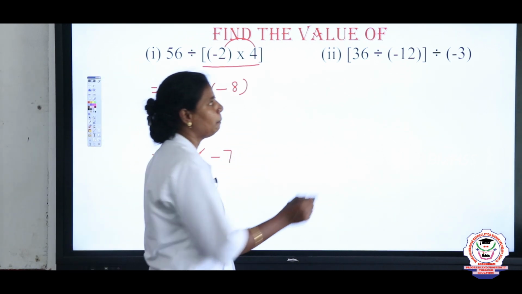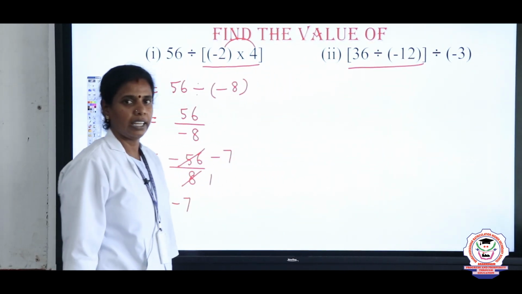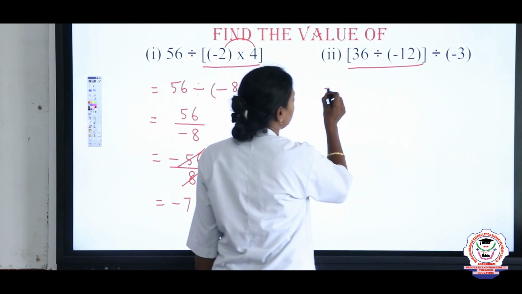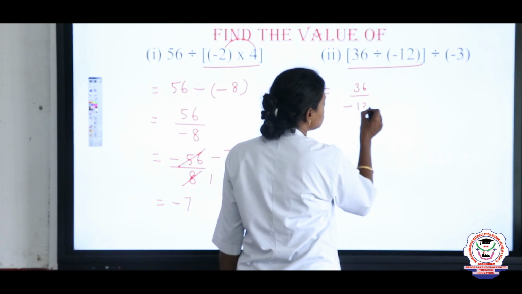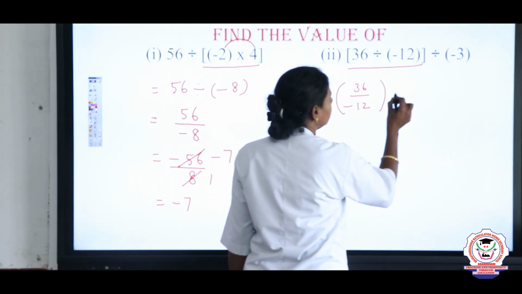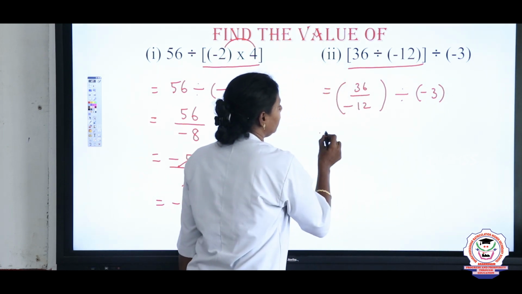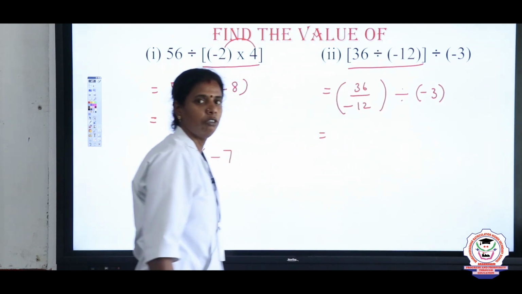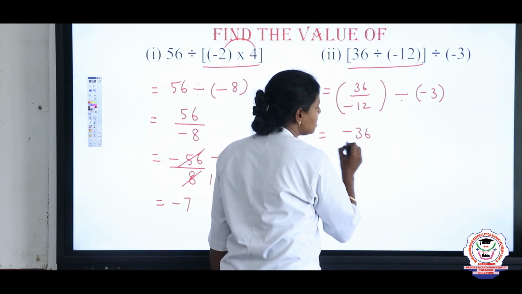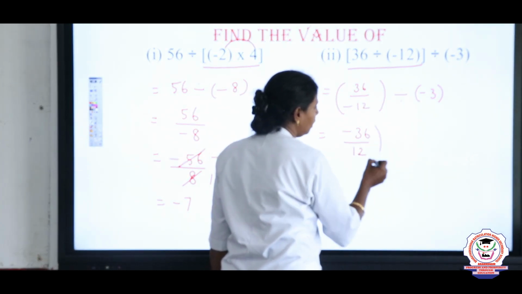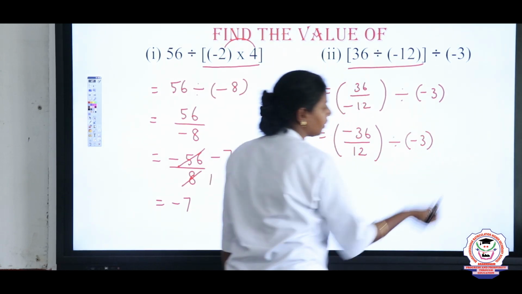Last one more example. First, we are going to solve what is given inside the bracket, right. So, first step what are we going to write? 36 divided by minus 12 divided by minus 3. Here the denominator is negative. So, we are going to change the sign, that is minus 36 by 12 divided by minus 3.